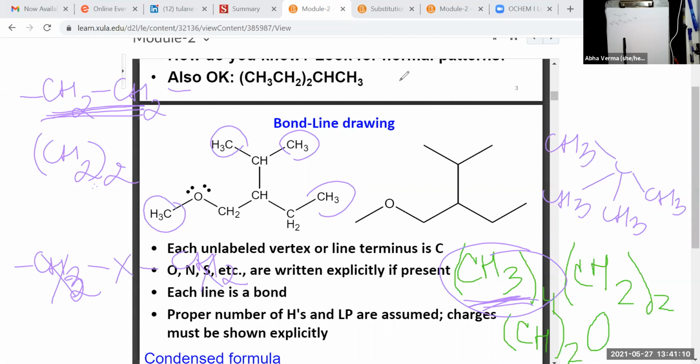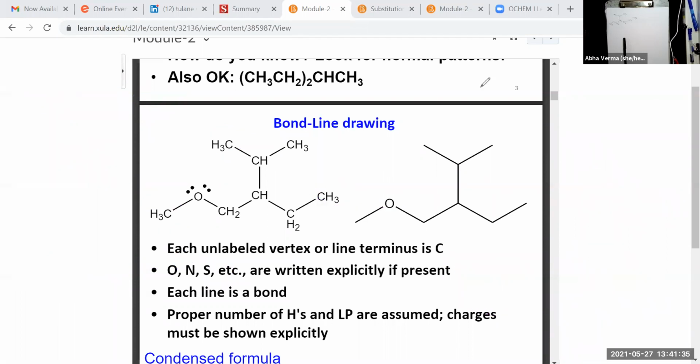Because if you're indicating that, then we can have so many CH3 units and so many other CH2 units, right? So you have to make sure that it goes in a flow. And if I rewrite it, I should be able to rewrite what I initially started out with. Okay. So let's try to do this as a class.